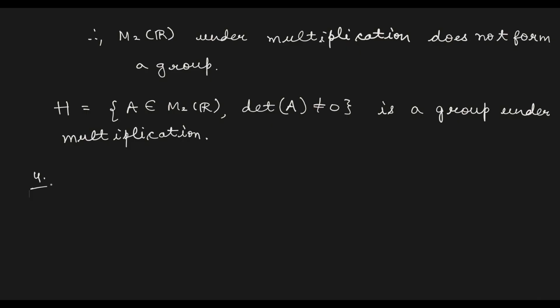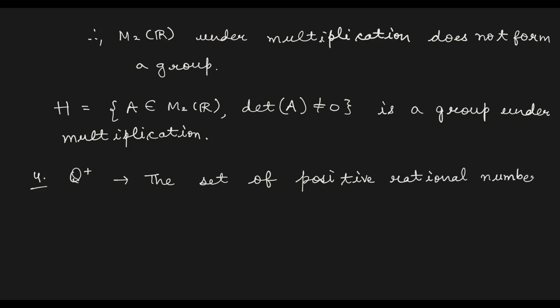Next example, Q plus. Q plus is the set of positive rational numbers under usual multiplication is a group.